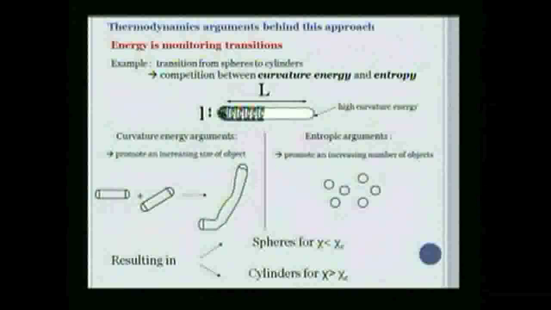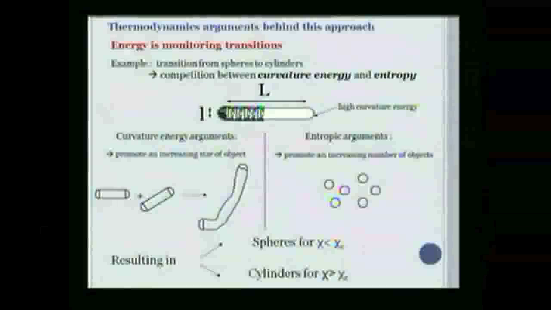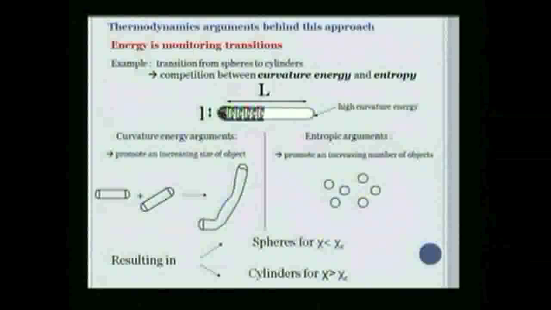Why? Do you know why? How many caps do you have in this situation? Four. And if you make a fusion between the two small cylinders, you obtain a big one with only two caps. Because the caps are the most costly part of the cylinder, it's more favorable to do this.